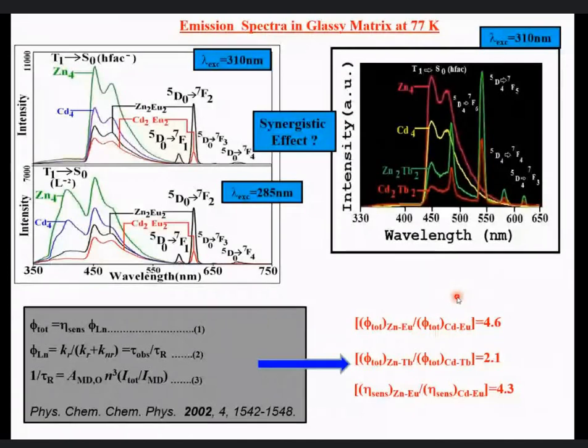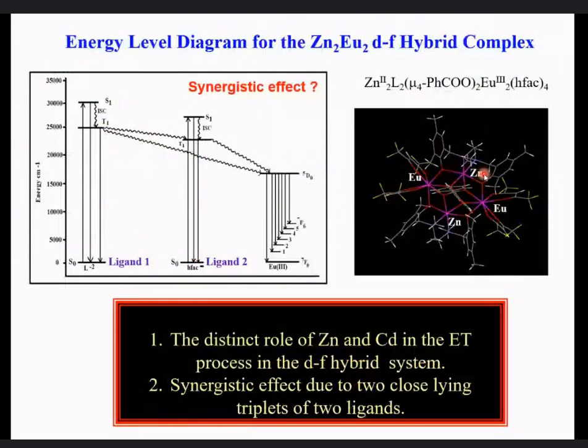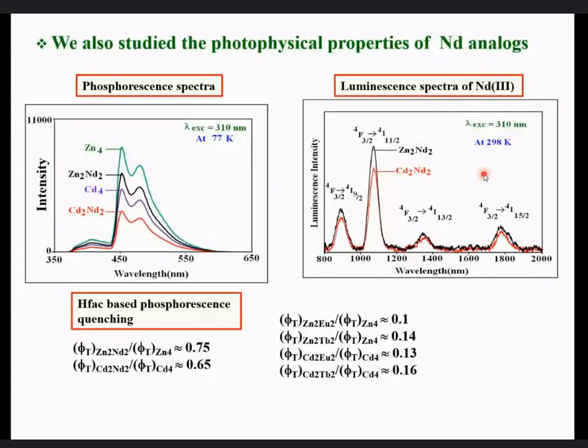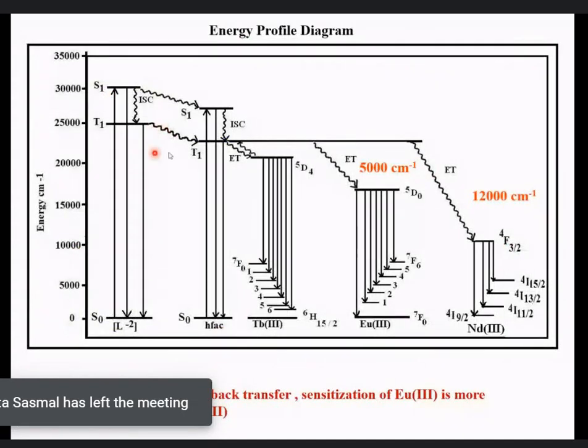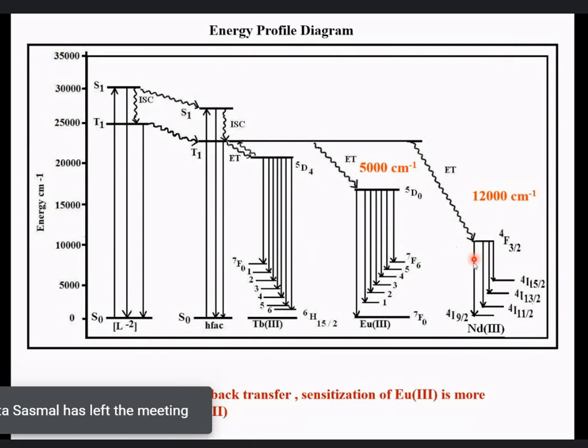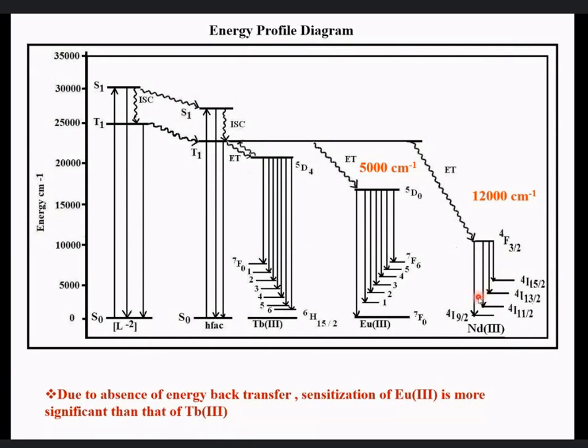I'm showing you some of the emission that it gives us, for example terbium emission. These are some metals of this, and how they act as ligands. They can transfer energy to terbium, europium, or neodymium. Neodymium has the advantage that it emits in the near IR region, not in the visible region, so you can have lots of things.